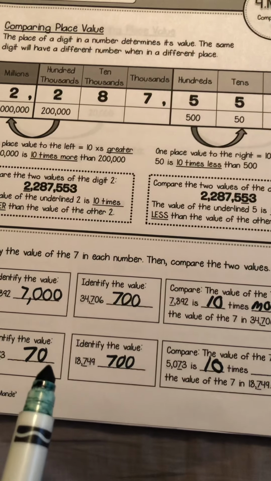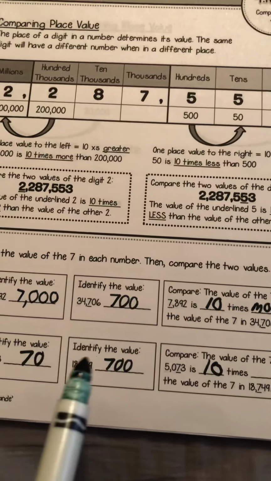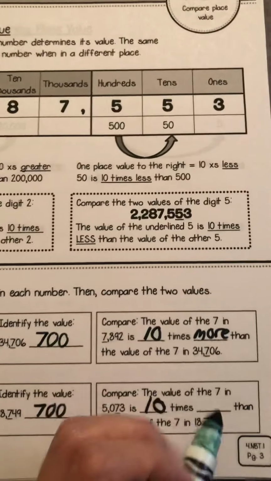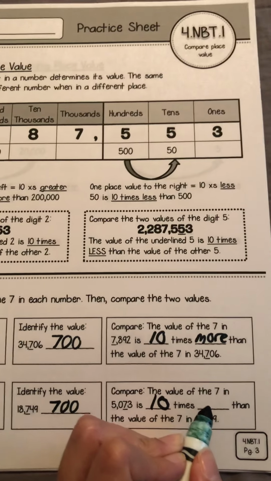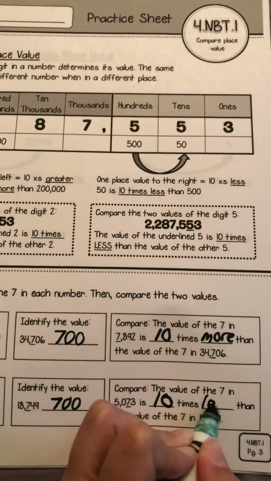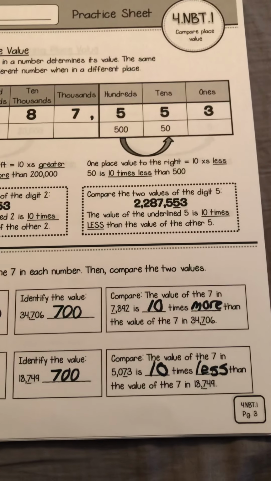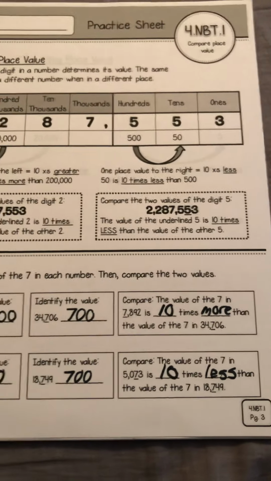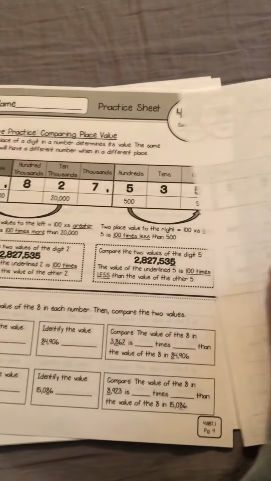So 70 is actually going to be 10 times less than this number here, okay? So we would go ahead and write that the value of the 7 in 5,073 is 10 times less than the value of the 7 in 18,049, okay? Let's go ahead and flip to the next page.